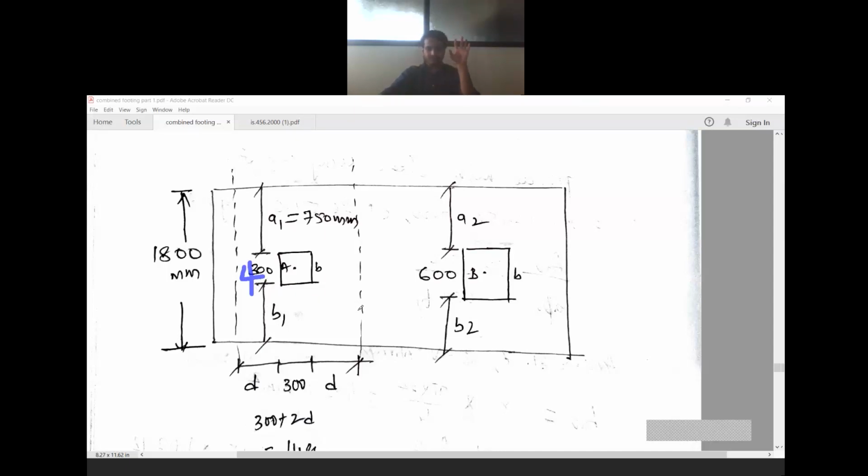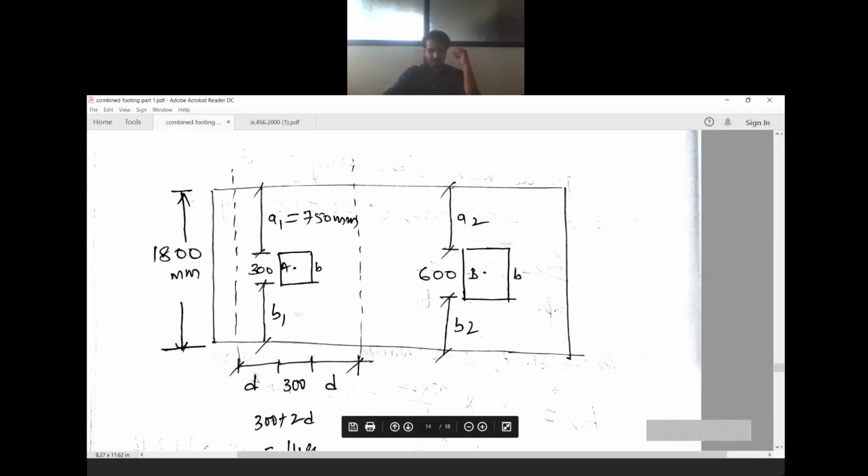But the procedure is the same. You can just observe the procedure. Let us just assume that it is 300, and now we shall calculate the values.